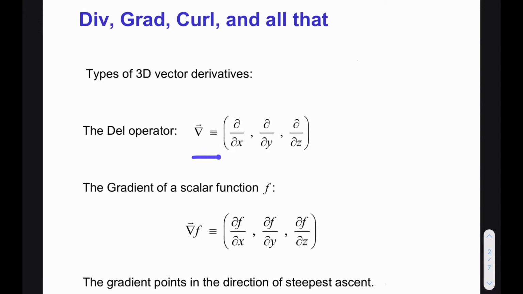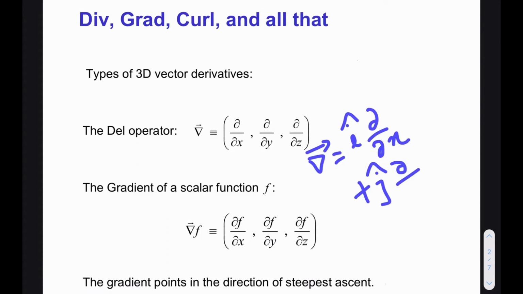It is equal to, as you can see, partial derivatives with respect to x, y, and z. This is a vector operator, and the unit vectors are built into this notation. This del operator is equal to i unit vector times d/dx plus j d/dy plus k d/dz.